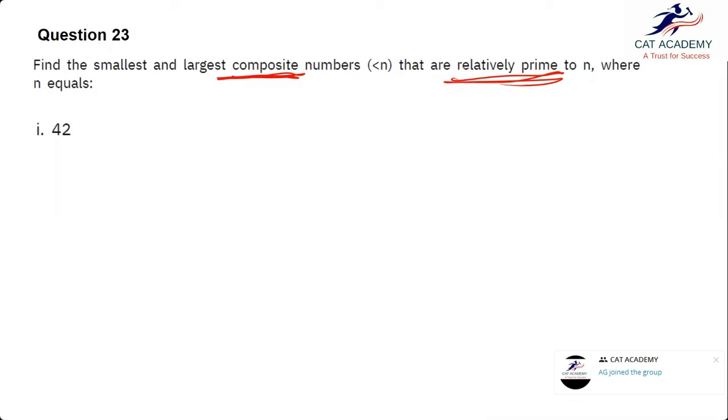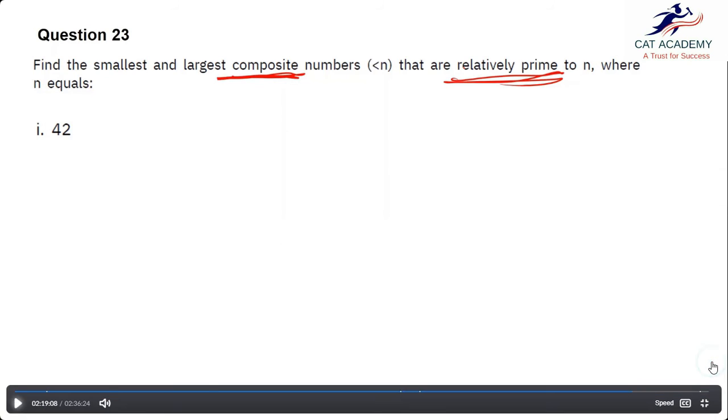But now, after selecting the numbers, I also need to ensure that they are composite. So how do I do that? How do I do that exactly? Let's take an example, 42.